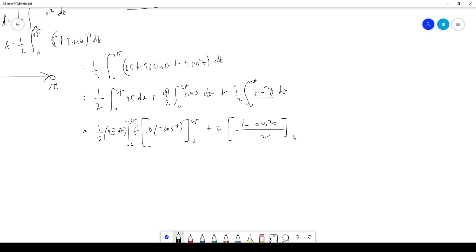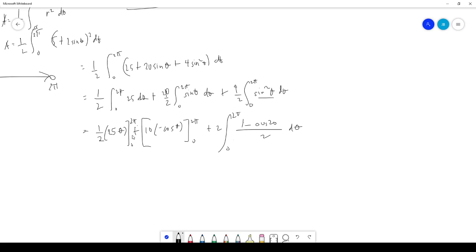Then, it's not integrated yet. Sorry. That's from 0 to 2 pi, then d theta.